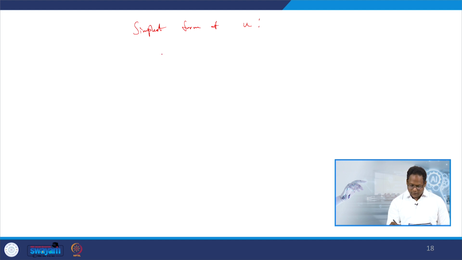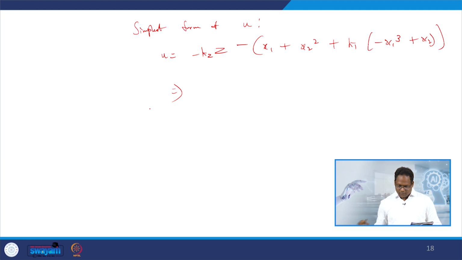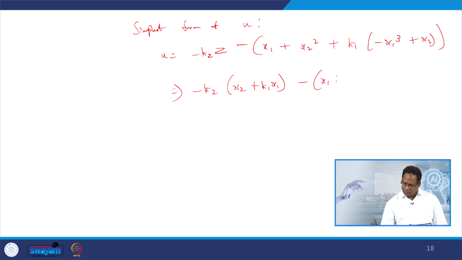Example 1 is u equal to minus k2 z minus of x1 plus x2 square plus k1 multiplied by minus x1 cube plus x2. This will make the system stabilized. This can be further simplified into minus k2 multiplied by x2 plus k1 x1 minus of x1 plus x2 square plus k1 multiplied by minus x1 cube plus x2.